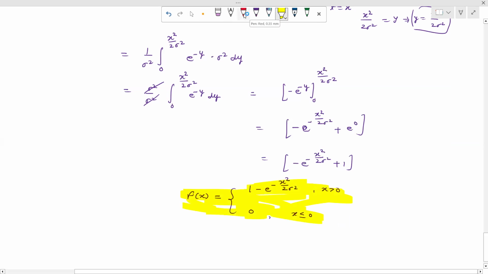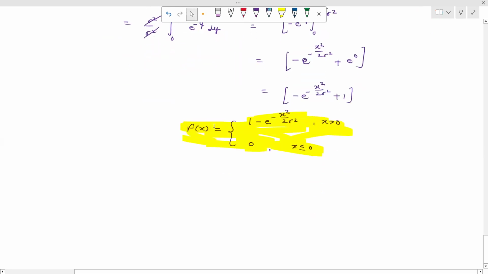After calculating the CDF of Rayleigh distribution, we take one problem based on Rayleigh distribution to understand it.